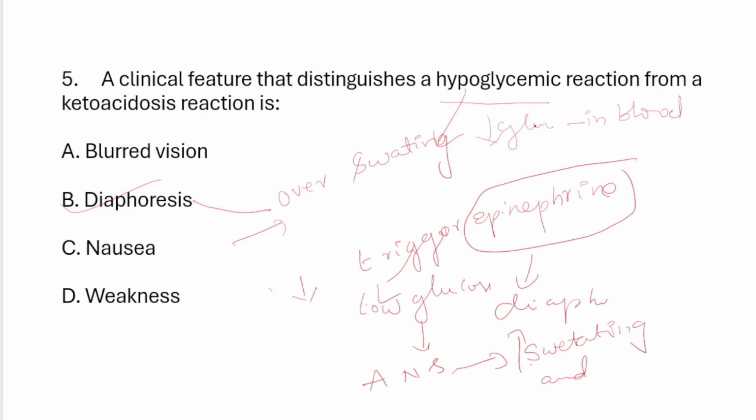If hypoglycemia happens, epinephrine will trigger, increasing sweating. Low sugar also causes stimulation of the autonomic nervous system, which causes sweating and increased digestion. So the clinical feature that distinguishes a hypoglycemic reaction from a ketoacidosis reaction is the first option, diaphoresis.